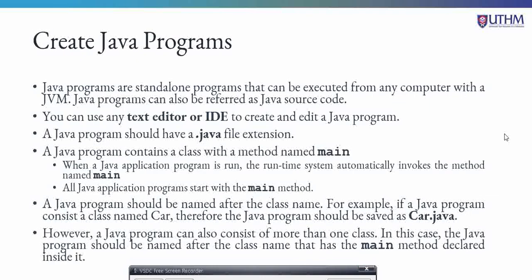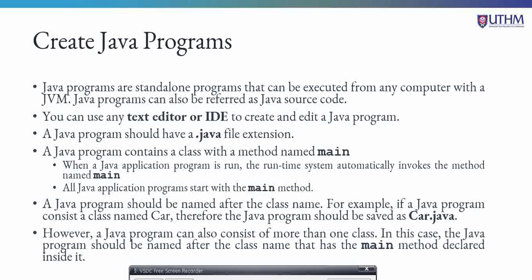Creating Java programs: Java programs are standalone programs that can be executed from any computer with a JVM, as I mentioned before. If you are using Windows and you want to run the Java source code or Java bytecode, you need to have the JVM installed on that particular machine.